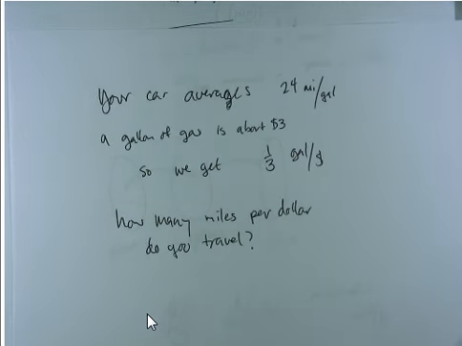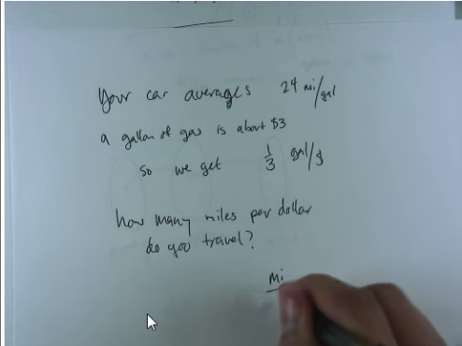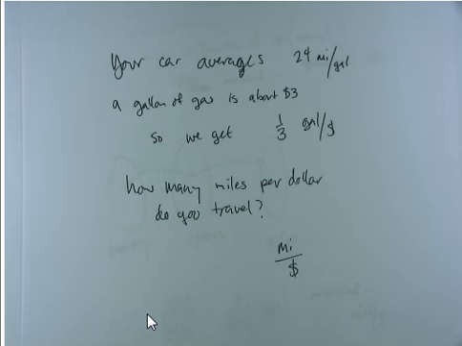How many miles per dollar do you travel? One gallon will give me 24 miles. It's 1/3 of a gallon per dollar. I put $1 into my tank.